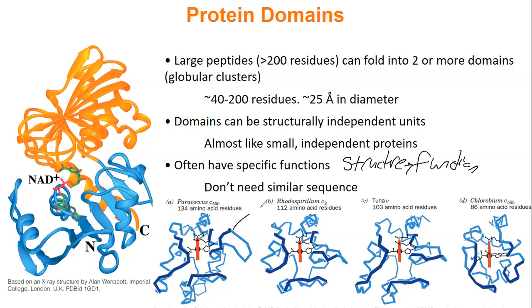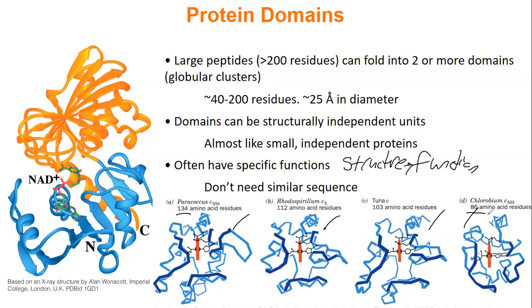And here are examples where we have 4 domains. They are made out of different amino acids. Like one has 134, one has 86. So if you were just to compare their sequences, they would all be different. You would think, oh, these parts of the proteins don't relate to each other.